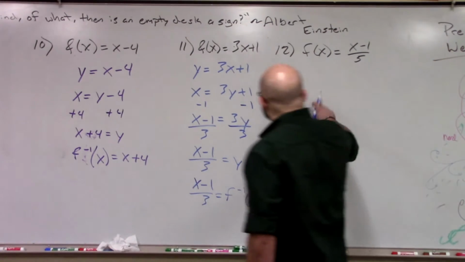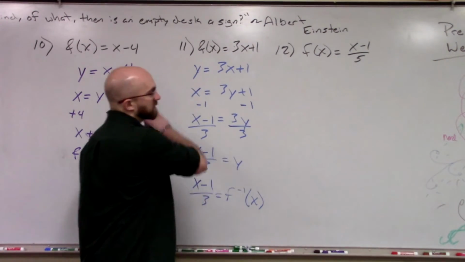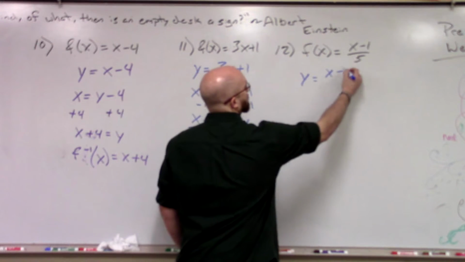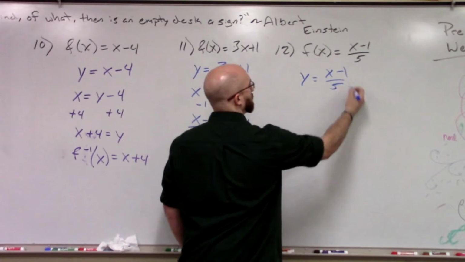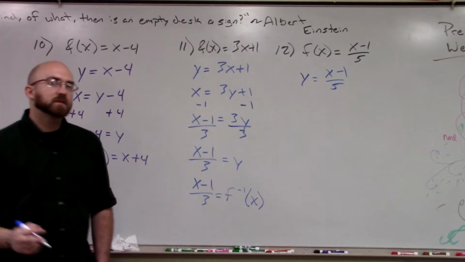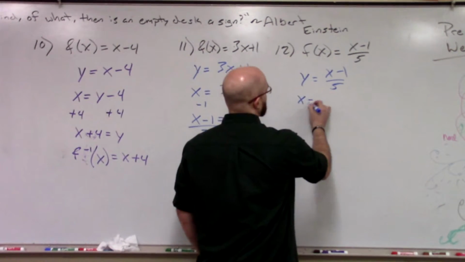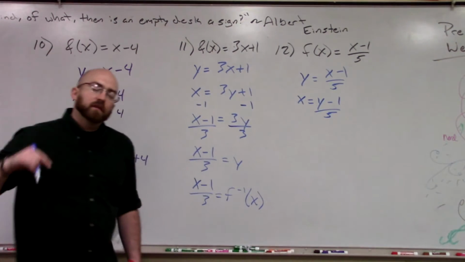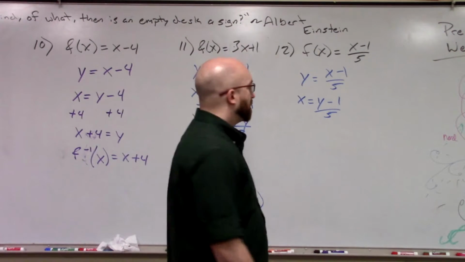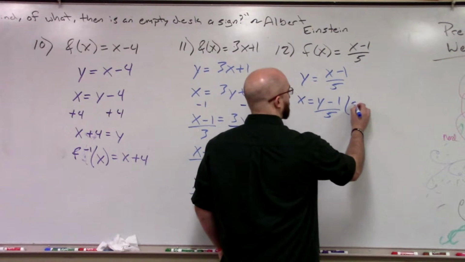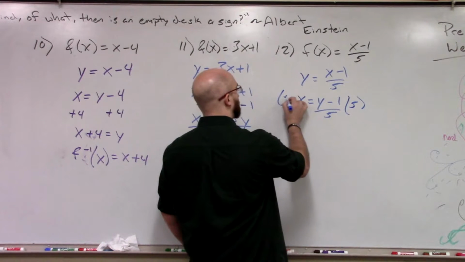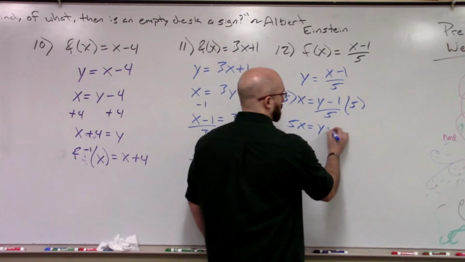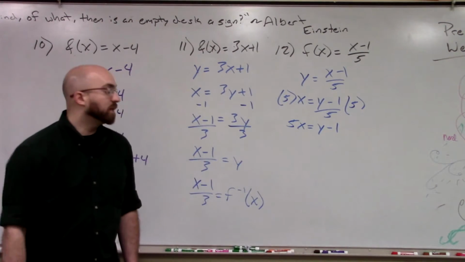Our last example is number 12, at least for this set of problems. So we have y equals x minus 1 over 5. Okay, switch the y and x. I need to move the 5 over because everything's being divided by 5, so we're going to multiply everything by 5. So we get 5x equals y minus 1.